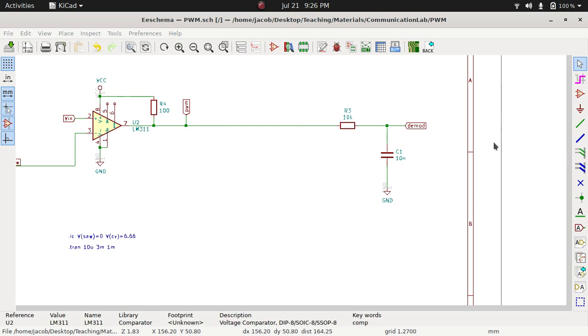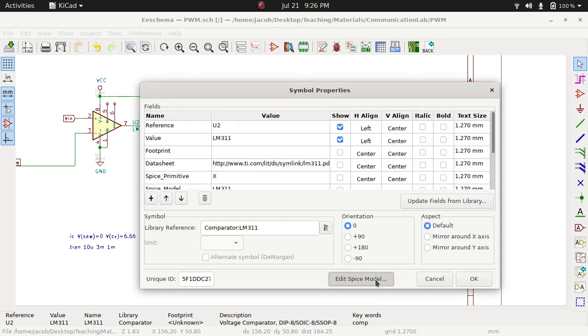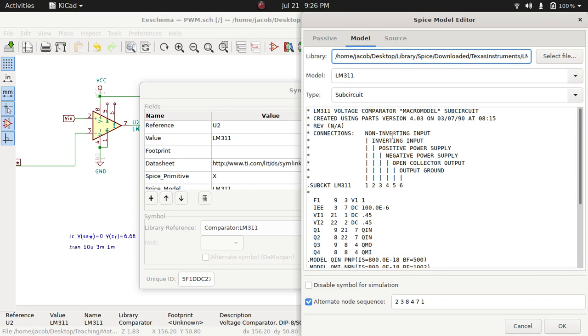Let's see that. So for the model, the first pin has to be the non-inverting input. But if you look at this diagram, you can see that the non-inverting input is pin number 2.